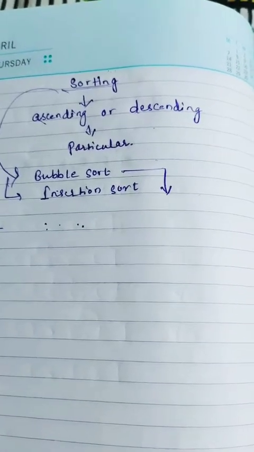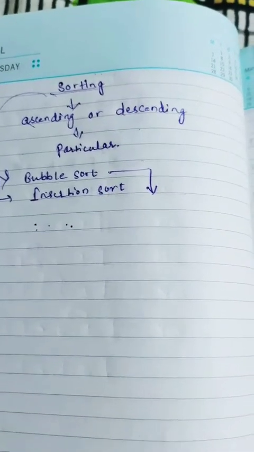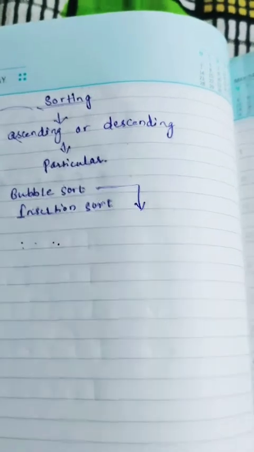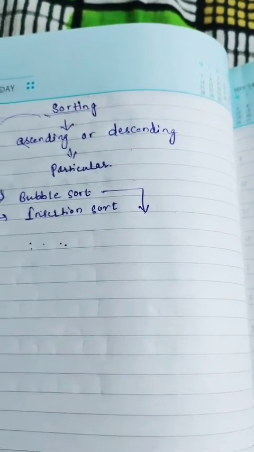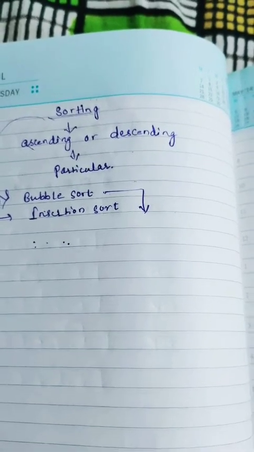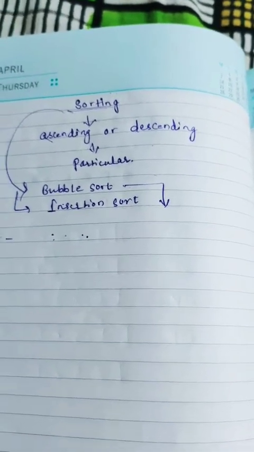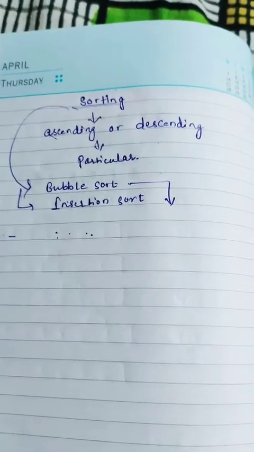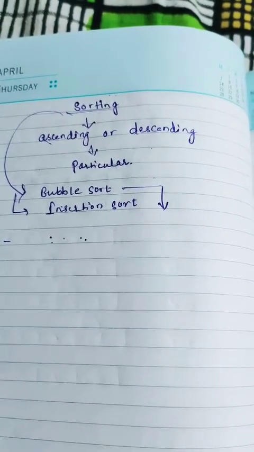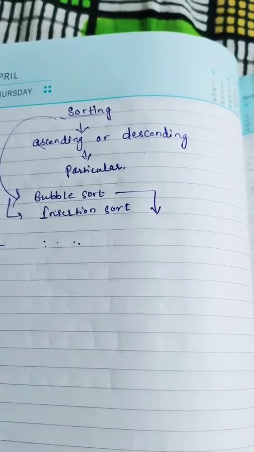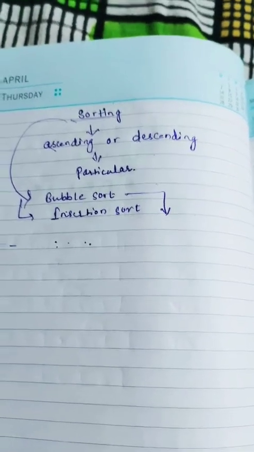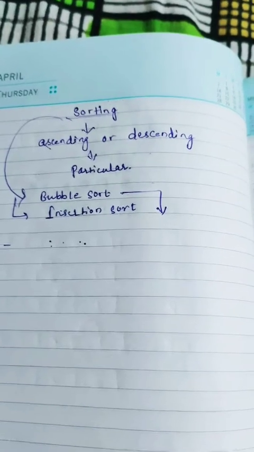So it means that the element is going to compare with its nearby element according to the order. If you are going to change in ascending order, the elements are comparing lesser than or greater than. If the nearby element is less than, it will come in front.